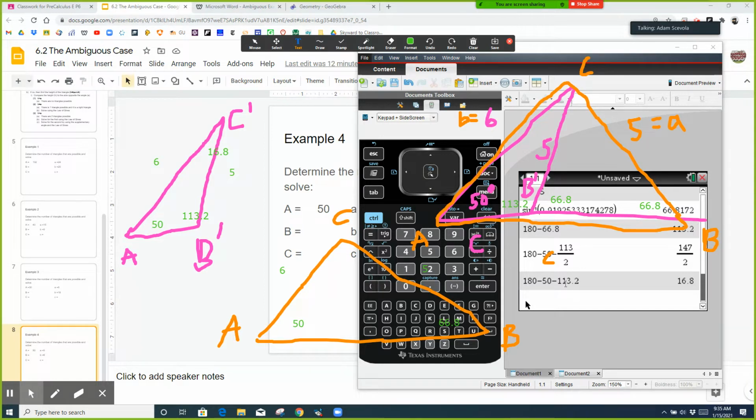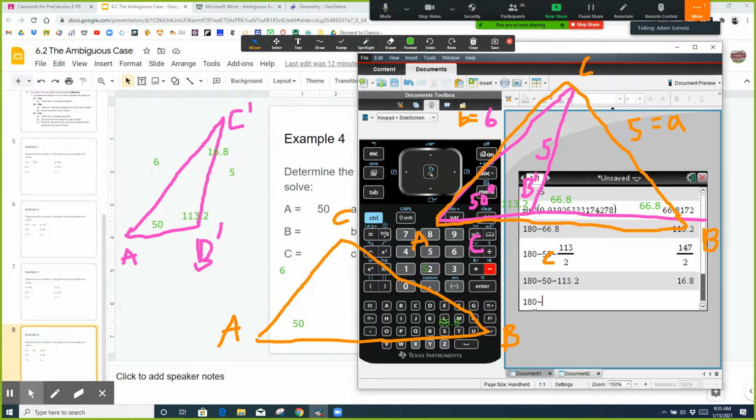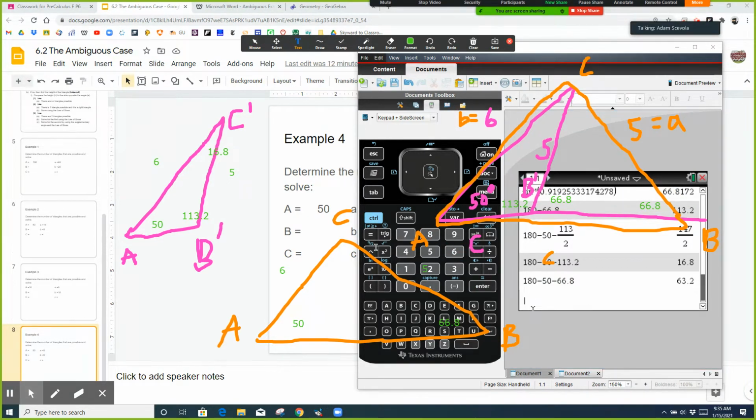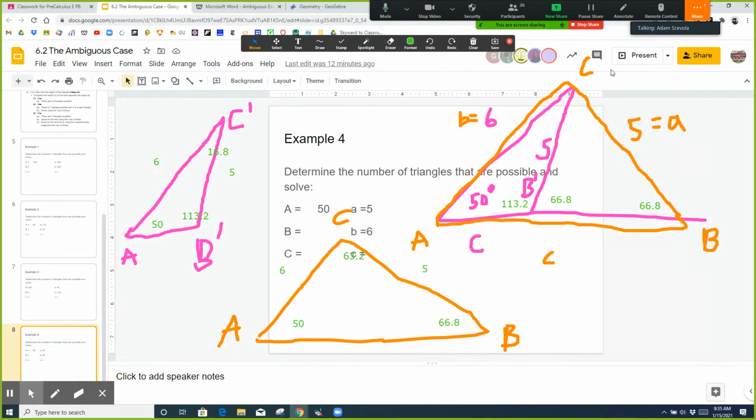And then in the other triangle, do 180 minus 50 minus 66.8, and we get that other angle is 63.2. And then do law of sines to find the other. And that's it. So that's what you do when you find both triangles.